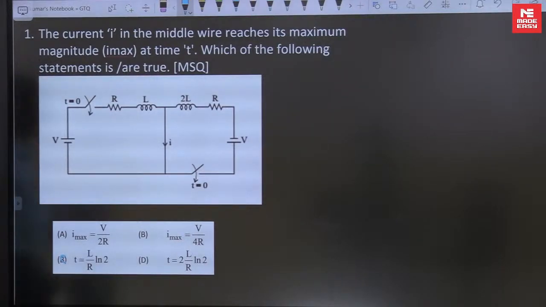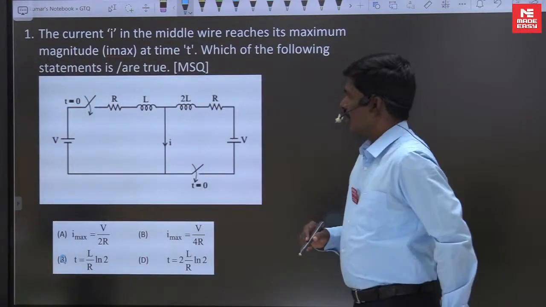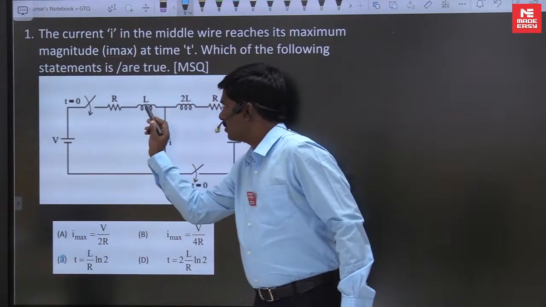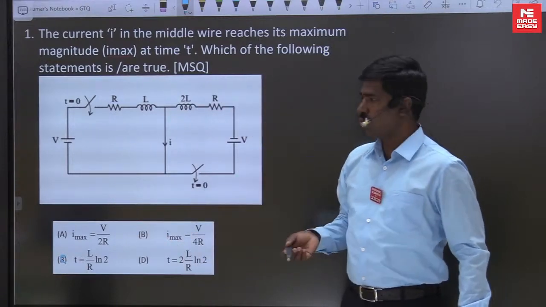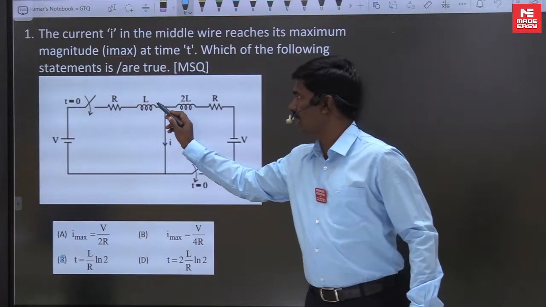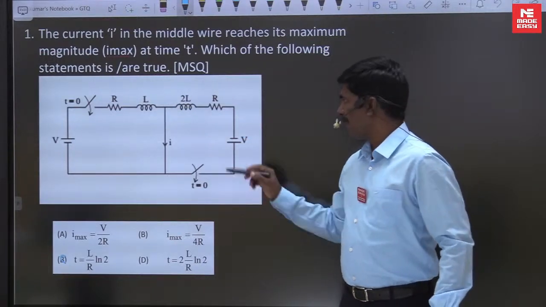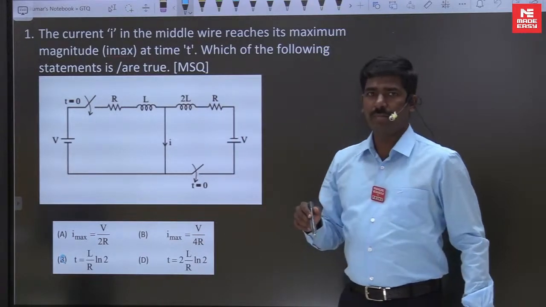Okay, now look here, how to approach. How to find I? At T equal to 0, the inductor is not connected to the independent source, so the initial current is 0. That is, the current through the inductor IL at 0 minus is 0, and IL at 0 plus is also 0. The same holds for 2L, no current is flowing through the inductor before switching.